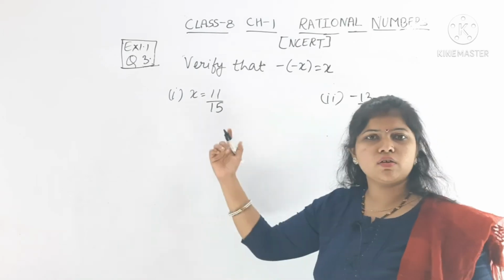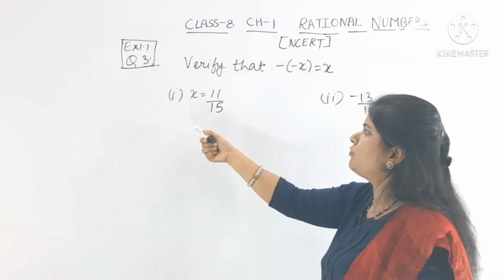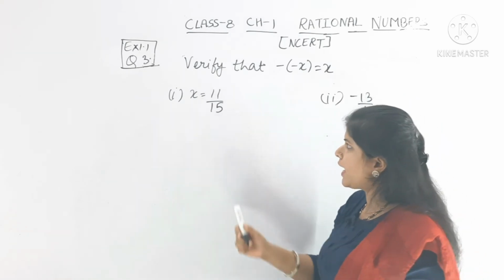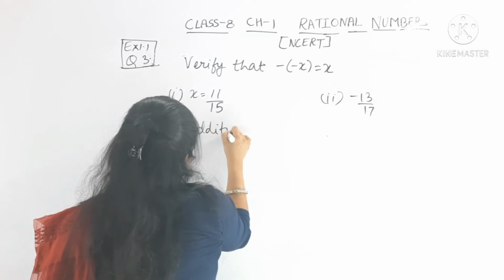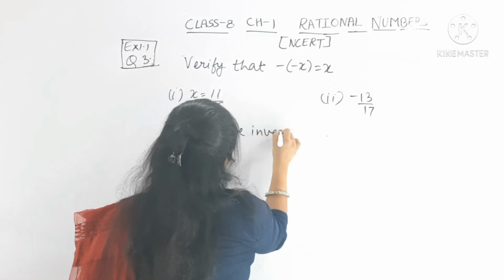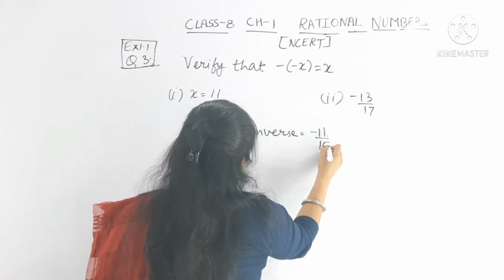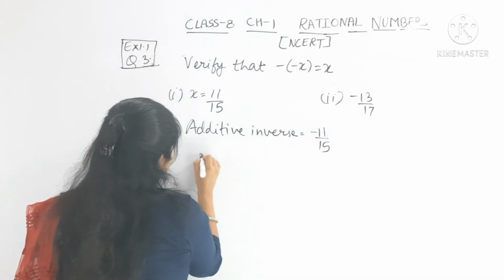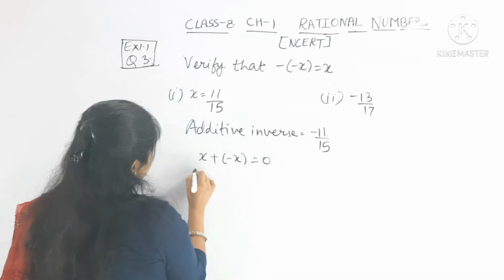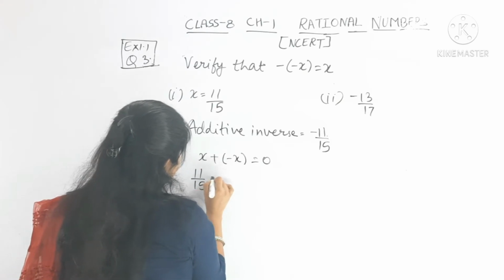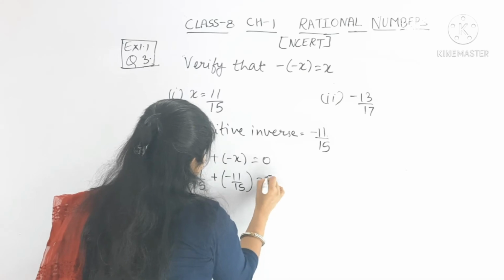So this will be a positive rational number, that is a fraction. Now let's see, students, question number 3. We have to verify that minus of minus x equals x. For the first part, x equals 11 by 15. What is the additive inverse of this? Additive inverse is minus 11 by 15. So x plus minus x equals 0, that is 11 by 15 plus minus 11 by 15 equals 0.